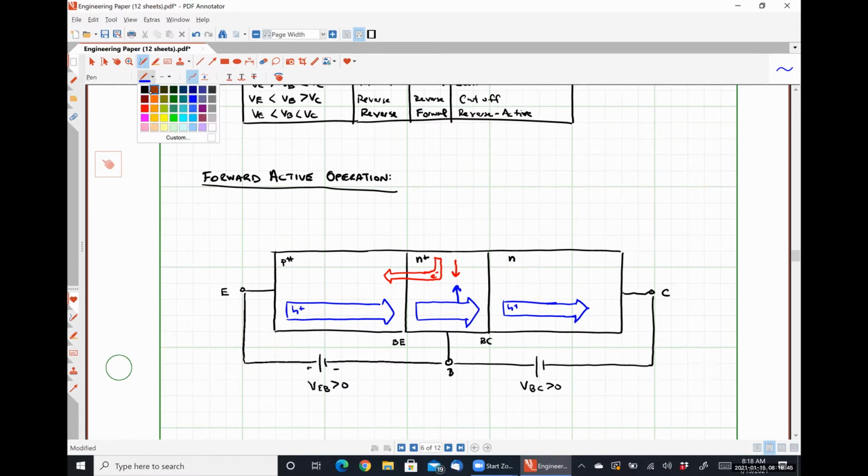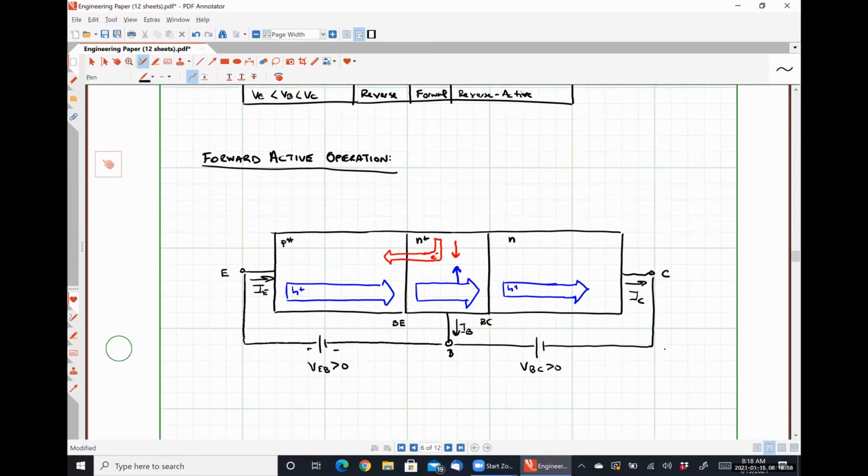Just so that we're clear on our current directions, we have IE like so, IB, and then IC. So we can say that IE is equal to IB plus IC. It's the exact same relationship that we had for NPN transistors.